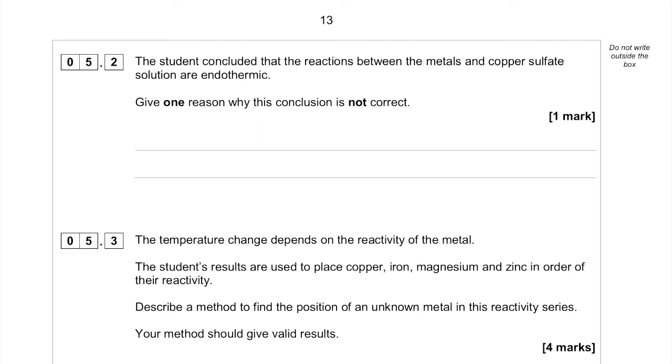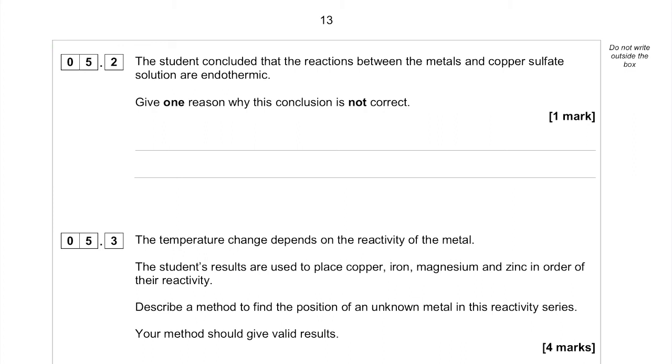Oh well. Now, the student concluded that the reaction between the metal and copper sulfate are endothermic. So endothermic means that heat is absorbed into the reaction, which should make the environment cooler. So that would actually decrease the temperature measured. And so this is not right.